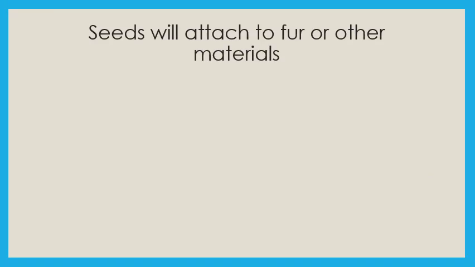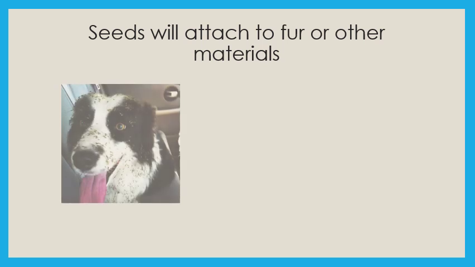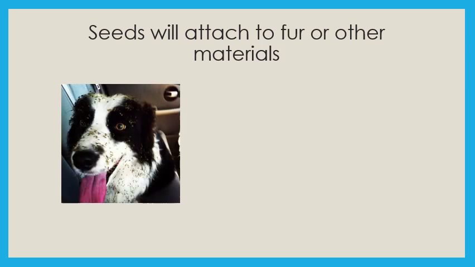So on our adventure today, we're going to be looking at how seeds will attach to fur or other materials. And this little doggy shows us exactly how that happens. Look at all those seeds on this puppy dog. It was going through the field and those seeds just attached to its fur.